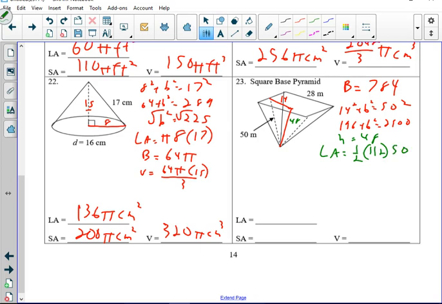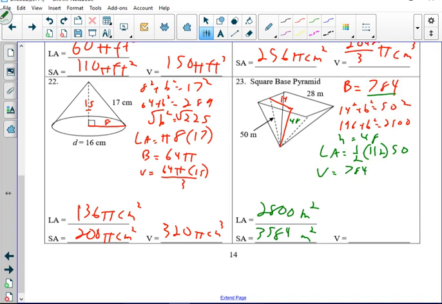This is just going off the gray card formula sheet you can use. So the lateral area is 2,800 square meters. The surface area is that plus the 784. So that's 3,584 square meters.